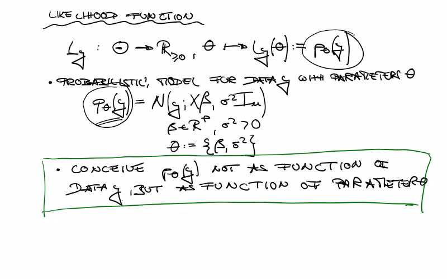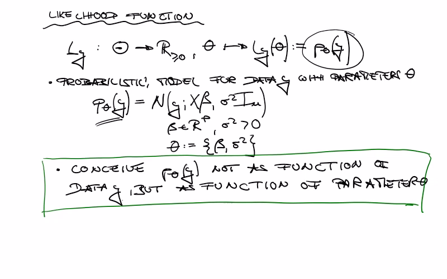So you either leave the data constant and look at the probability as a function of the parameters, or you do it the other way around. We are now concerned, because we're doing likelihood estimation, with the case that we leave the data constant and look at the whole thing as a function of the parameter. And this is what is then written up here.